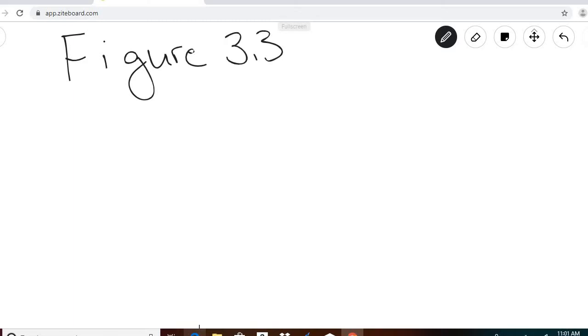Then it shows you the different areas of the heterosphere, the lower part being primarily oxygen, and then above that it's going to be primarily helium, and then above that primarily hydrogen. So it's very clear from that figure why the heterosphere is called the heterosphere, because the concentration of gases is different in different places within the heterosphere.